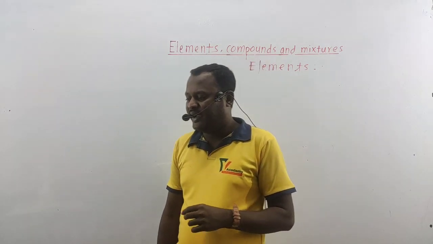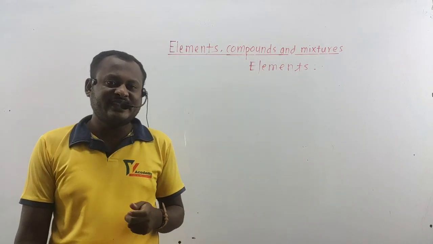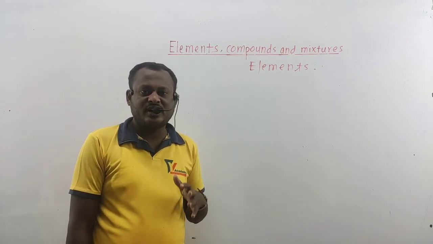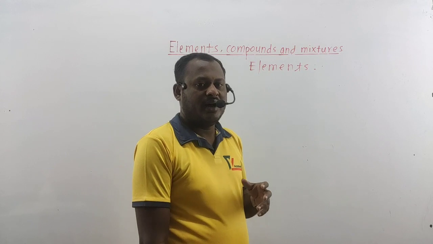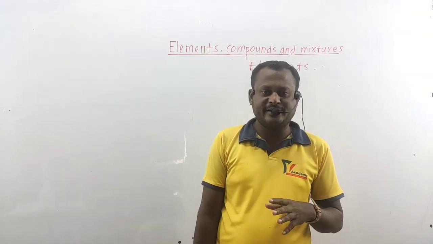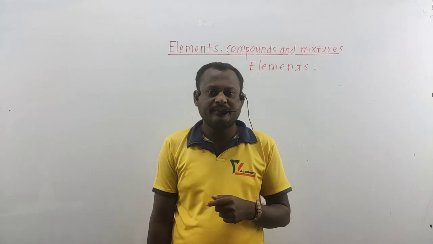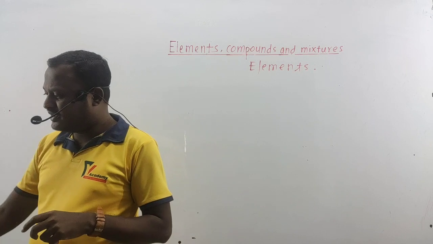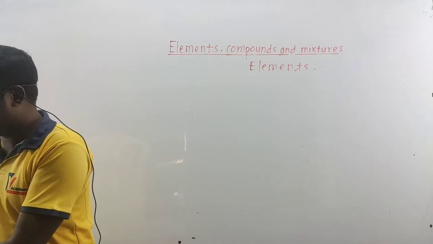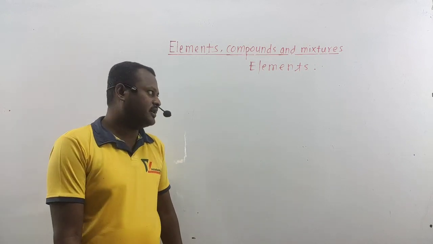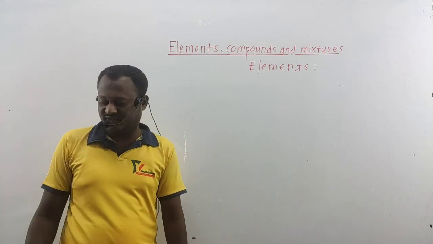We have also studied how the elements are represented by their short form, the symbolic representation of the elements, in the previous lecture. In this lecture we have to understand some things about the elements, and then we will discuss the next part of the topic, that is compounds.